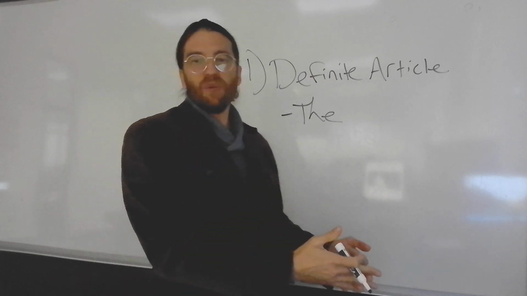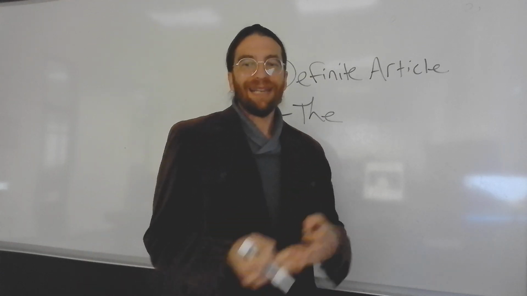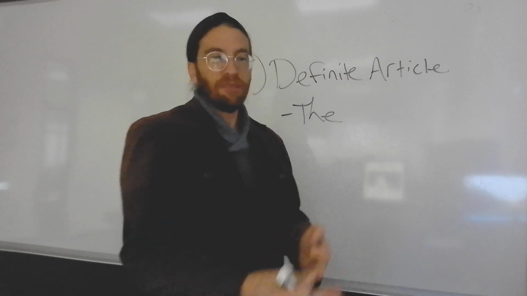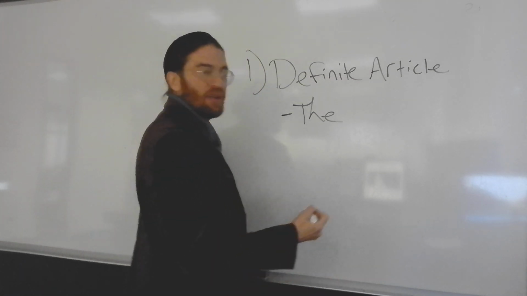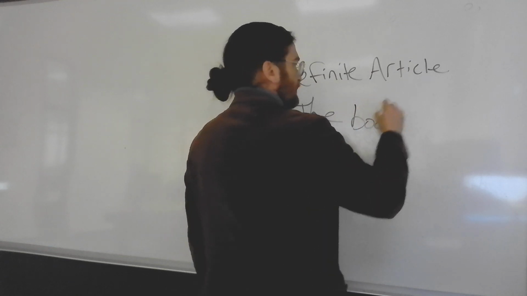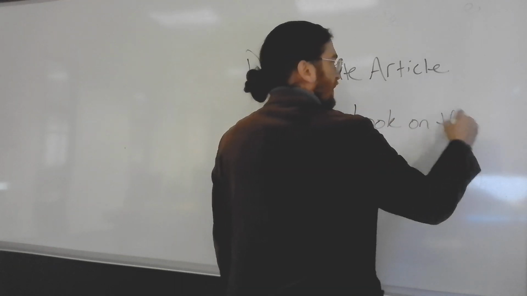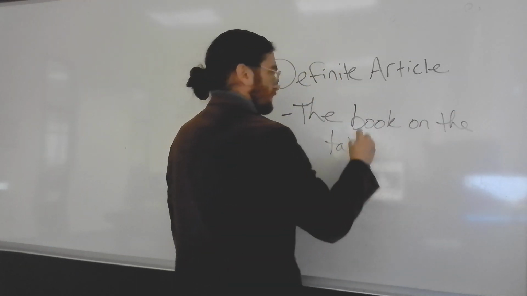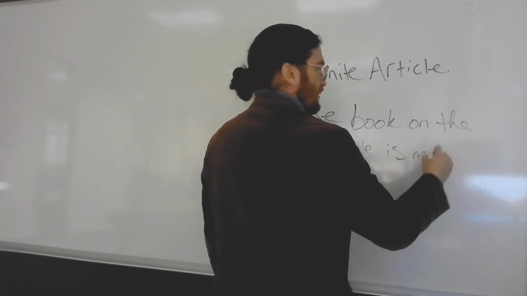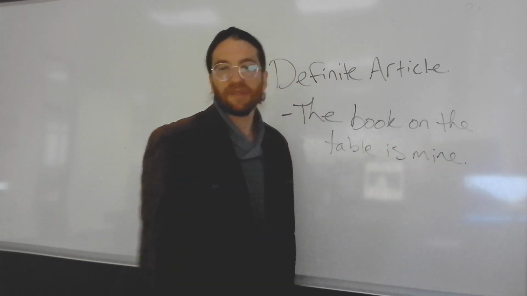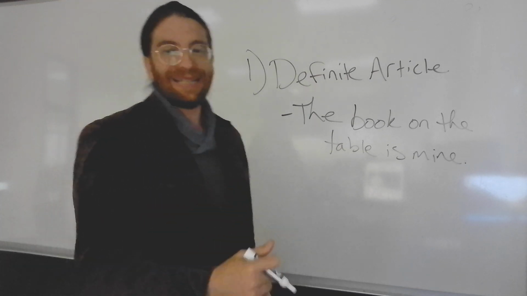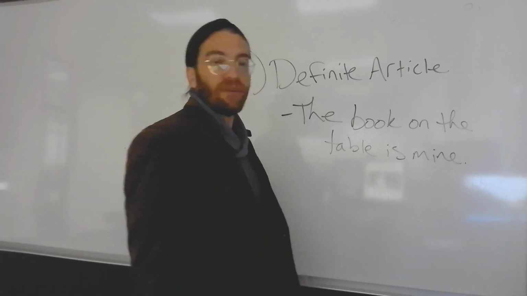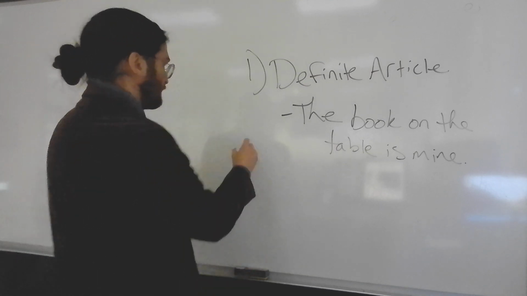The is used when you are talking about a specific person, place, or thing, such as the book on the table is mine. We're being very specific. We're being definite about which book.